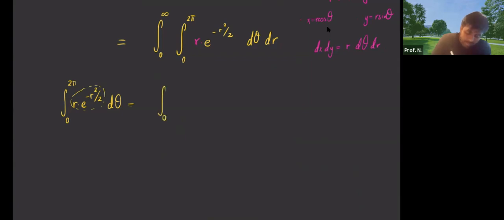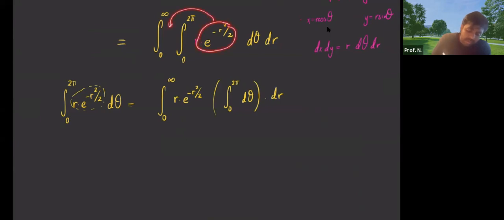So this is 0 to infinity of r times e to the negative r squared over 2, right? This thing here is just from 0 to 2 pi of d theta times dr. So do you guys see what I just did here? I removed this and put this outside of this inner integral.